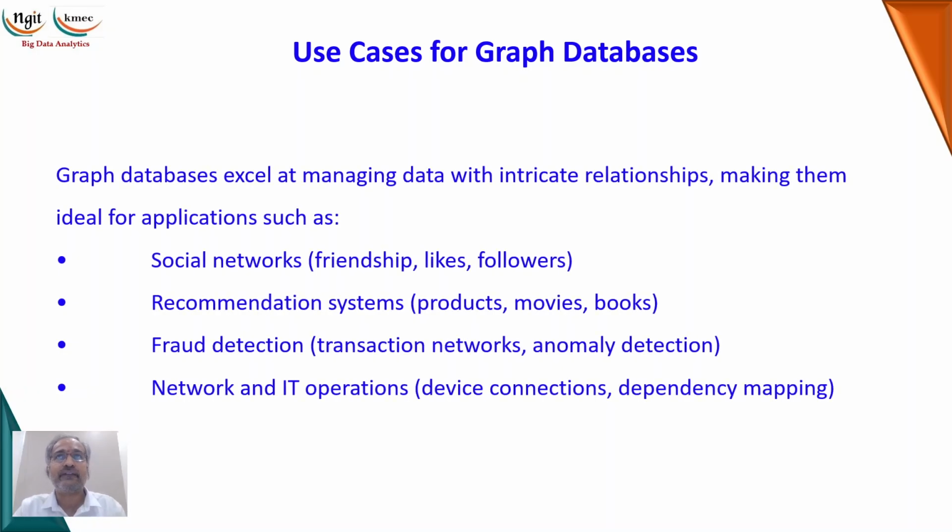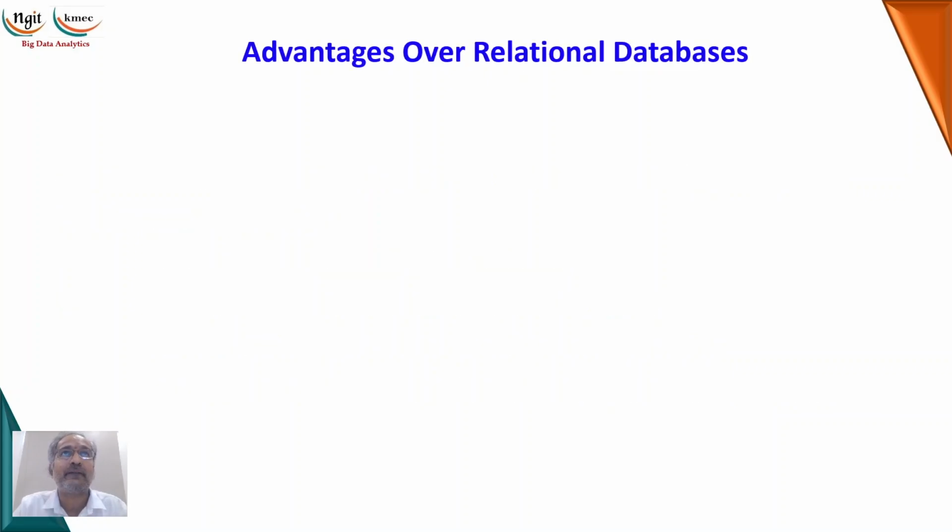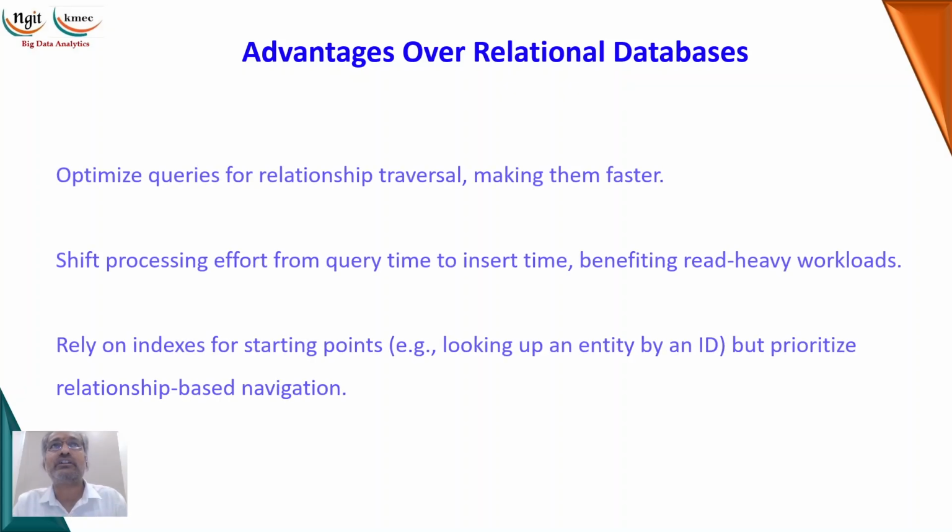Use cases for graph databases: social networks, recommender systems, fraud detection, and network and IT operations. All these are various use cases for graph databases. And the advantages over relational databases: they optimize queries for relational traversal, making them faster.